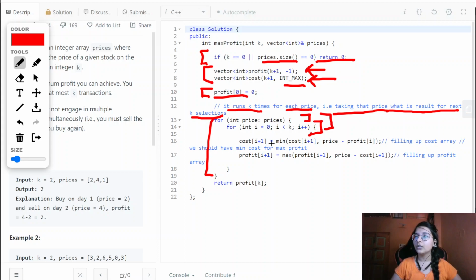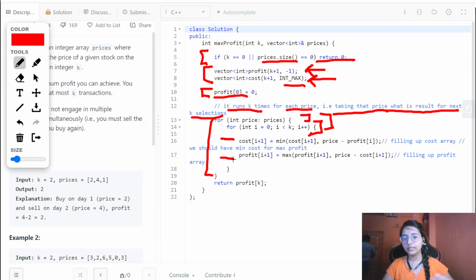Now here are the two states which we have taken. For the first state, it was something like this: cost of i plus 1 equals the minimum of cost of i plus 1, comma, price minus profit of i. So basically this state is in such a manner that the next cost is the minimum of the present cost and the present price minus the profit which we have earned from the previous transaction.